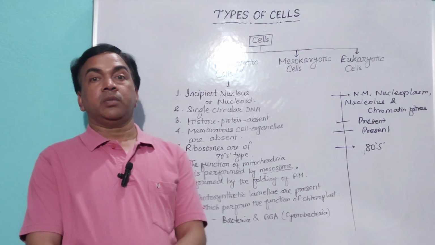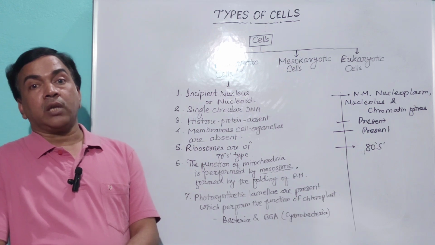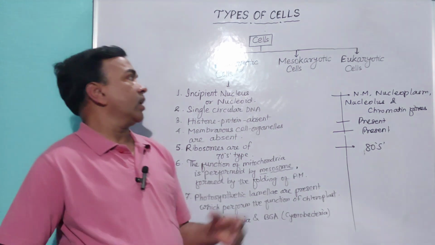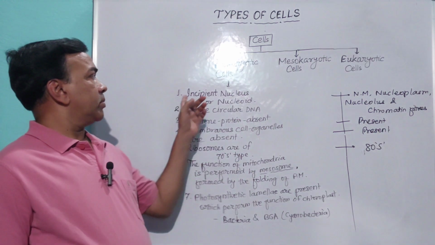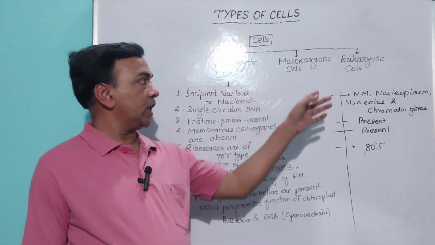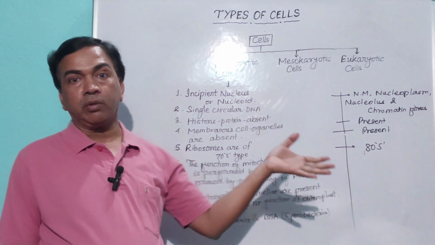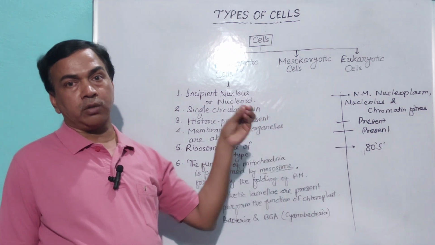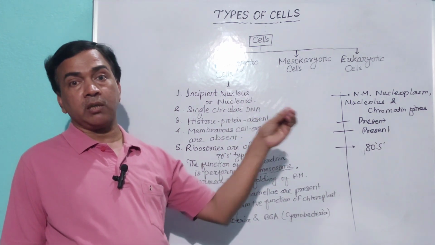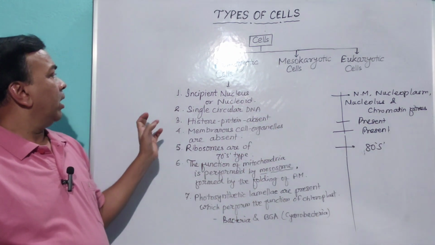So the differences between prokaryotic and eukaryotic cells are: prokaryotic cells have incipient nucleus, whereas eukaryotic cells have a well-developed nucleus made up of four components: nuclear membrane, nucleoplasm, nucleolus, and chromatin fibers.